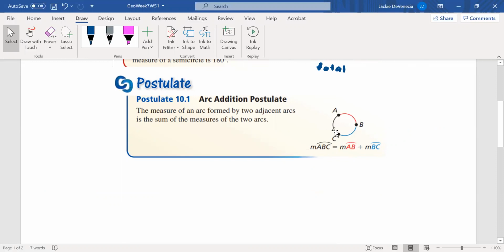So if you have the measure of ABC, the red arc and the blue arc, they're next to each other, or adjacent, and they also make up the whole ABC arc. So you can just break it up. You can add the measure of AB plus BC, and you are going to get the full measure of that whole major arc.